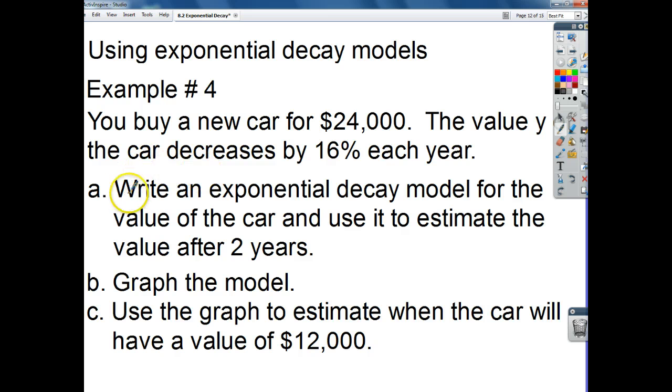Okay, step 1, we want to write an exponential decay model for the value of the car and use it to estimate the value after 2 years. The second part is we want to graph that model, and the third one, use the graph to estimate when the car will have a value of $12,000. Okay, all right, so let's remember it's a $24,000 car and 16% decrease.